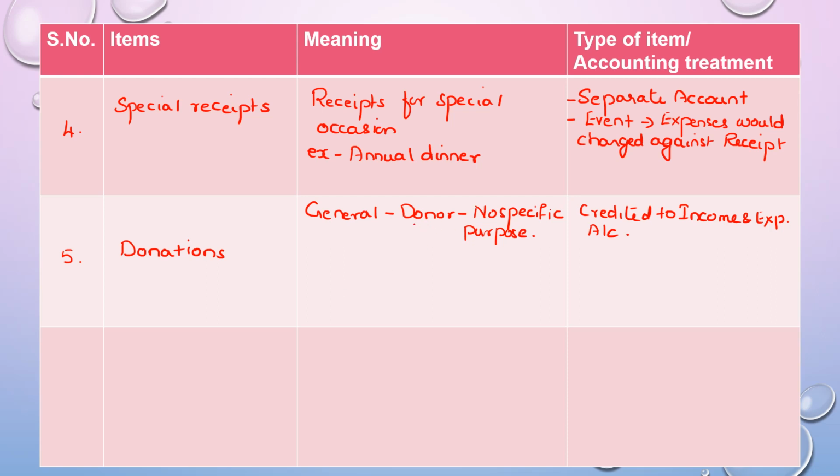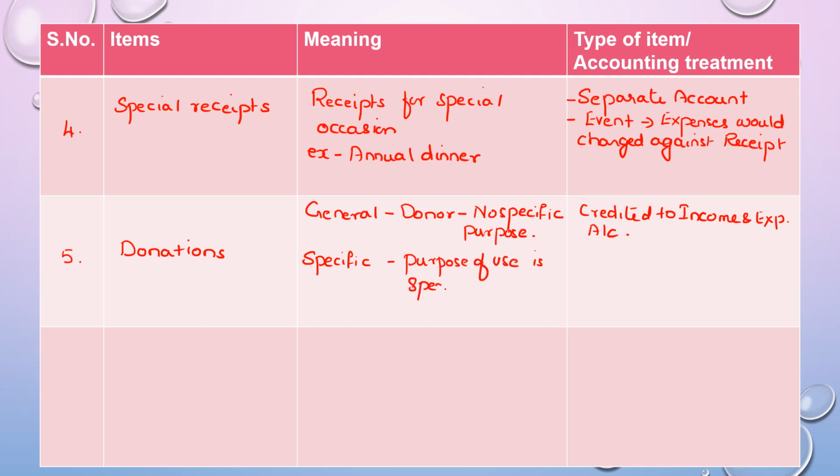Who is a donor? Donor means a person who is donating to an NPO. Now the second type of donation is specific donation. From this term we understand the purpose of use has been specified.